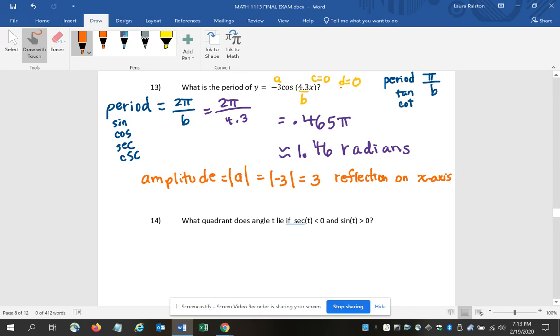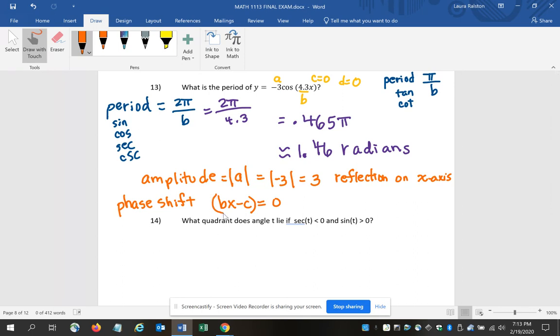The D determines your vertical translation, and C helps you to determine your phase shift. The easiest way to find your phase shift, which is something else you could be asked for, is to take the expression inside the parentheses, that bx minus c, and set it equal to 0.